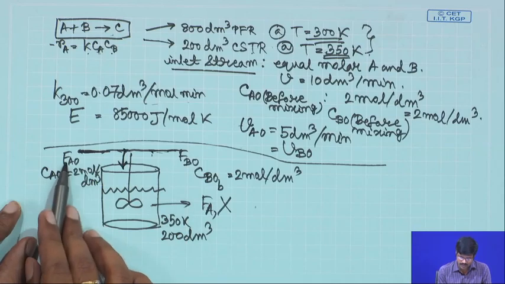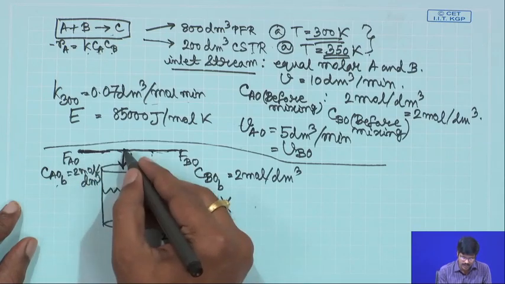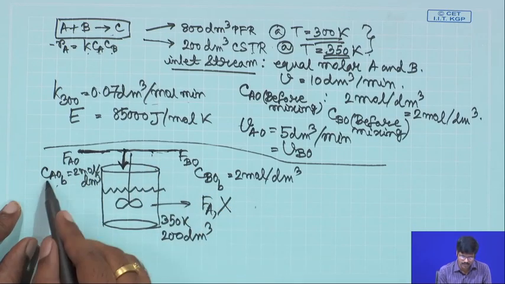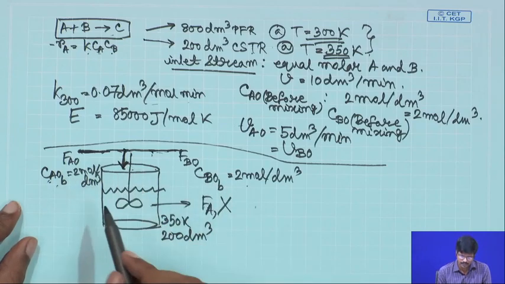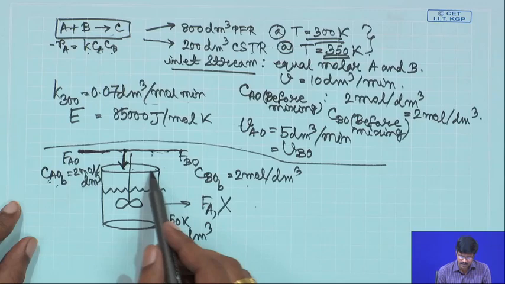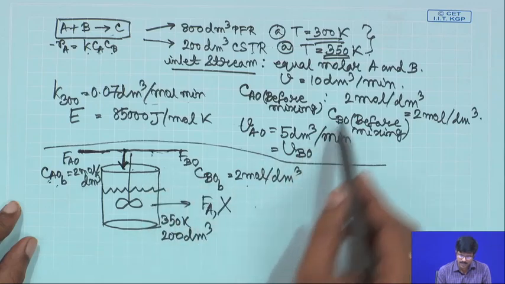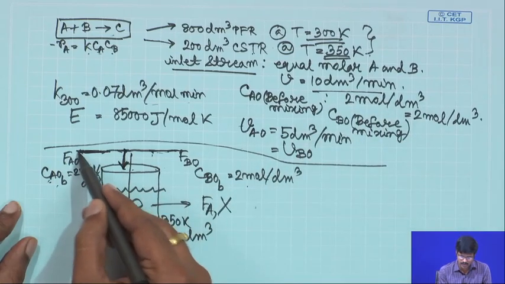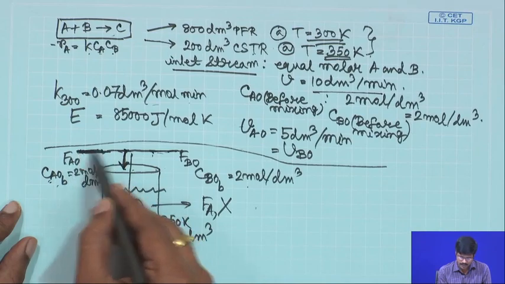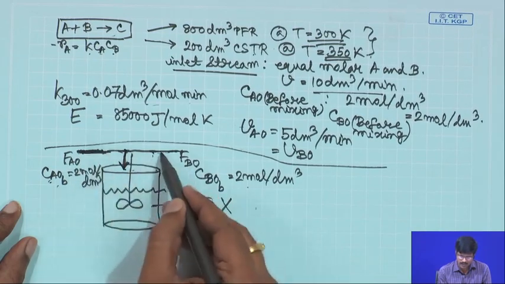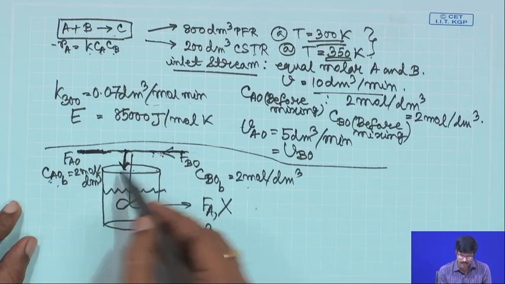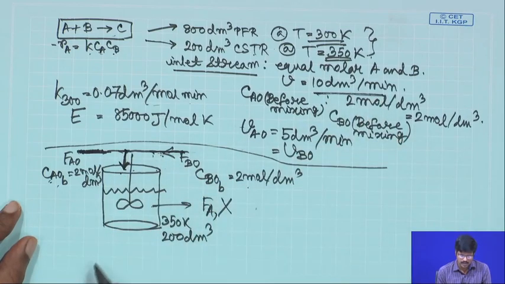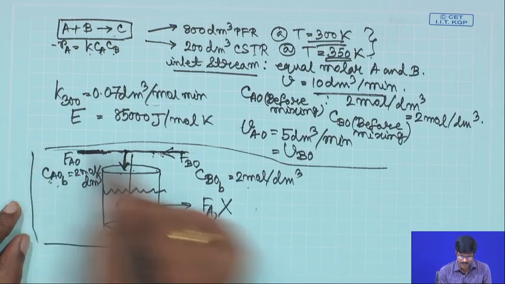The molar flow rate in is F_A0 here, and F_B0 here. When they mix, obviously the concentration of A becomes half and the concentration of B becomes half, and the total volumetric flow rate is 10 decimeter cube per minute. The volumetric flow rate of A here is 5 decimeter cube per minute, and for B it is also 5 decimeter cube per minute. When they come together it is 10 decimeter cube per minute. So, at least this is the definition of the problem for the CSTR.